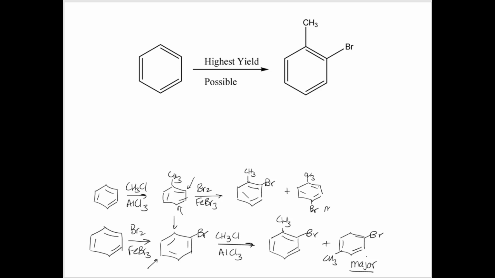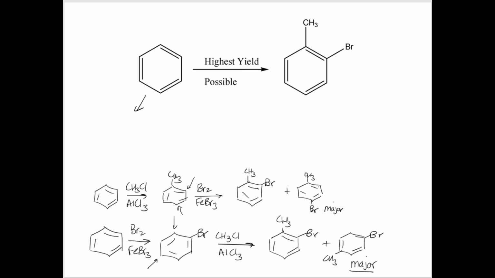And that's probably going to be my major product. So in either case, if I want to make para-bromotoluene, this would be a great method. I'd have to separate a little bit of the ortho product out, but this would make this as the major product. But I want to make the ortho as the major product. So what should I do?